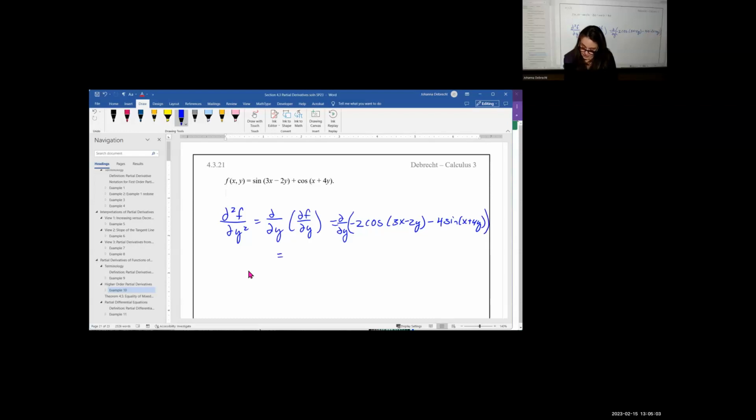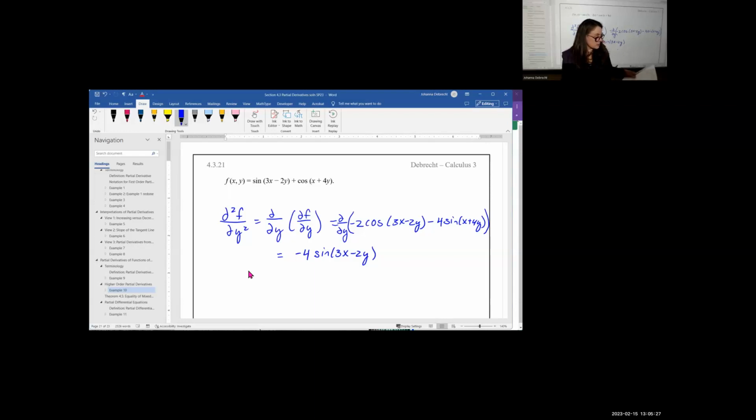Then when I do it again, I get still negative, no, positive now. Cosine's negative sine. So I have sine 3x minus 2y. And I get another negative 2, which would make it a negative 4, I think.